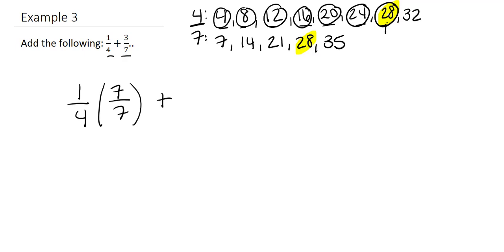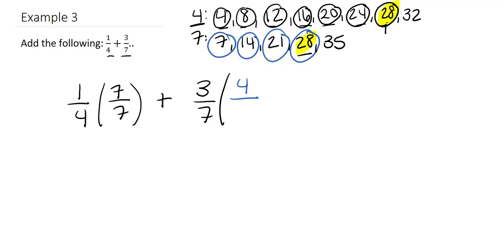Then we're going to multiply this number by a fraction to get to 28. How many times does it take to get to 28? Well, we have 1, 2, 3, 4. So we're going to multiply this fraction by 4 over 4.